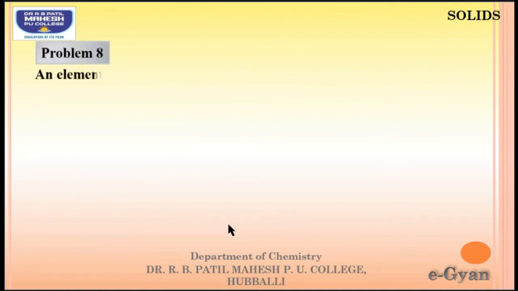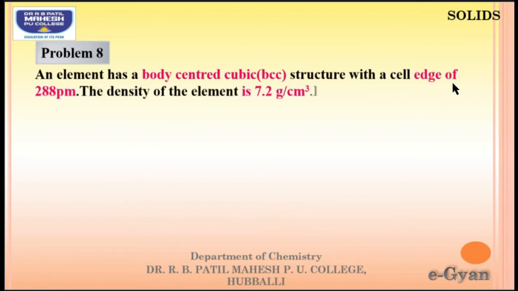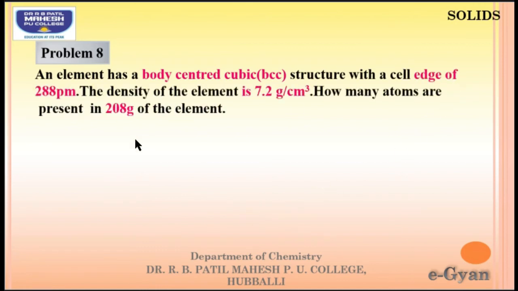Next one, an element has a body centered cubic structure with edge length of 288 picometer. The density of the element is 7.2 grams per centimeter cube. How many atoms are present in 208 gram of the element?